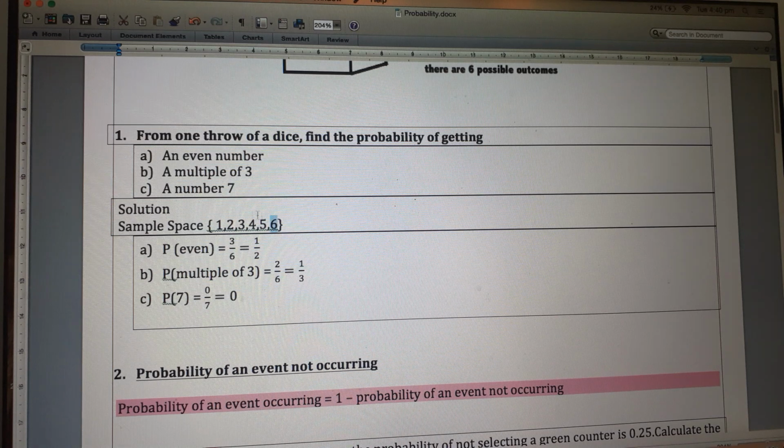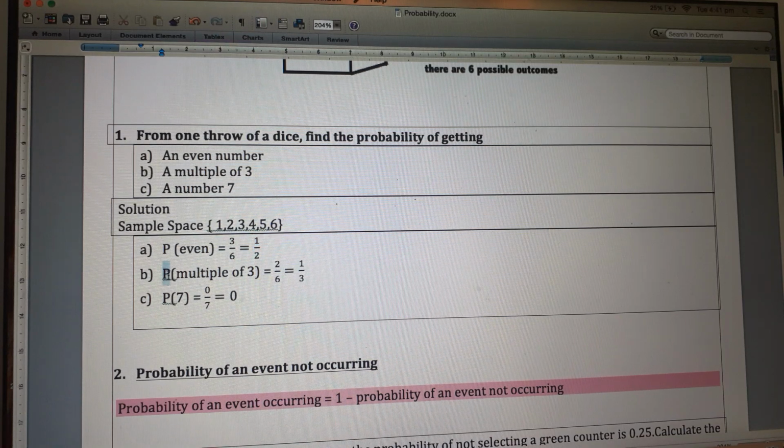So out of total outcomes, which are 6, I have 3 even numbers. So the probability of getting an even number is 3 divided by 6, and on simplification it is 1 by 2.